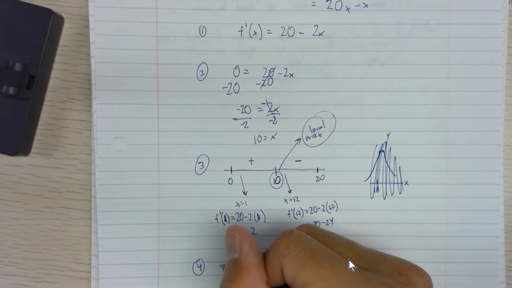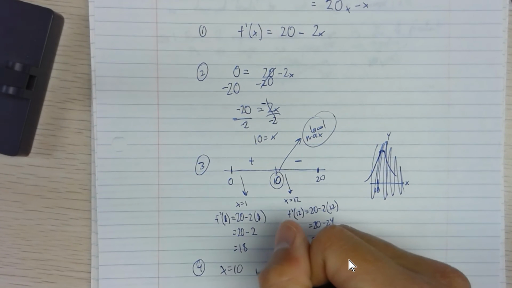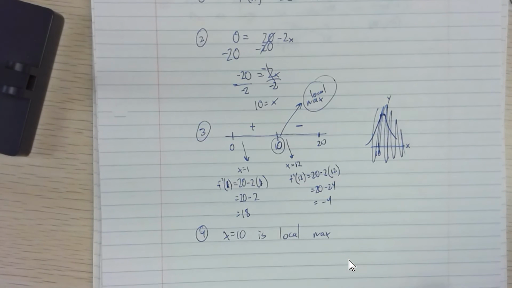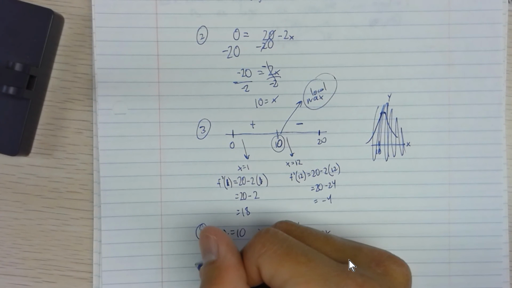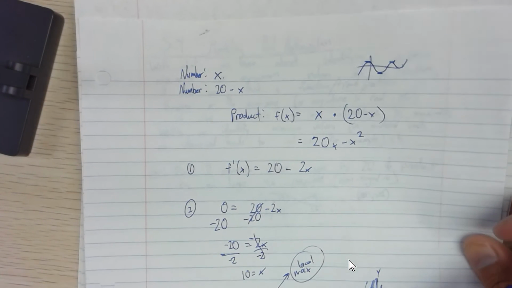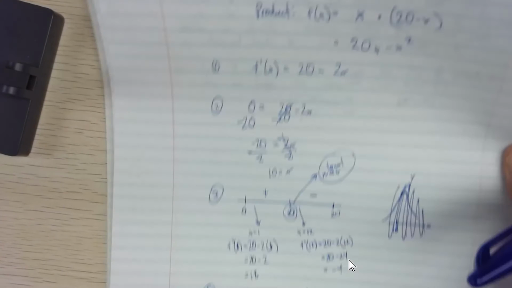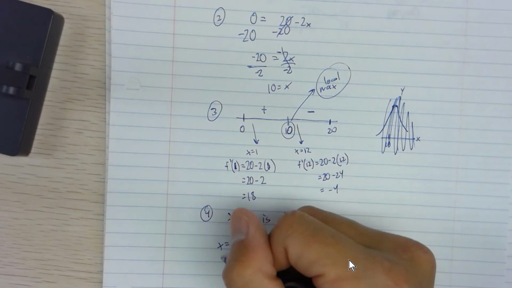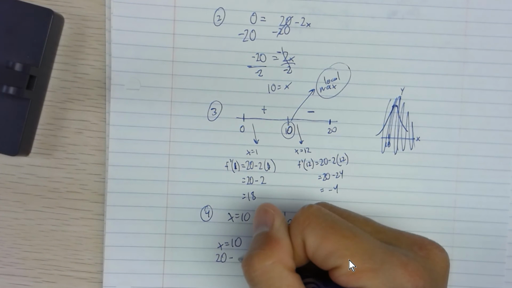So we can say x equals 10 is the local max. You didn't have to do this, but the one thing that you should say now is that one of the numbers is x, and the other number is 20 minus x. So x equals 10, and the other number is 20 minus x, which is 10.